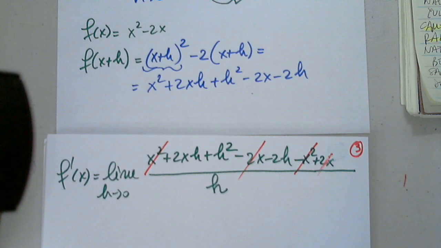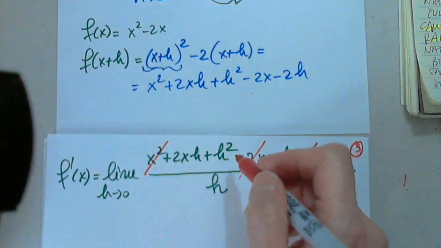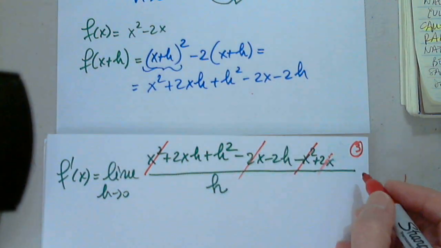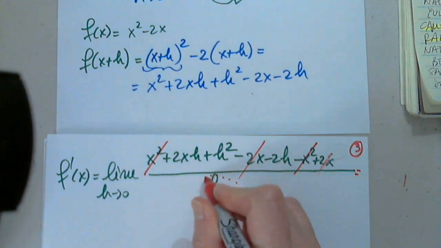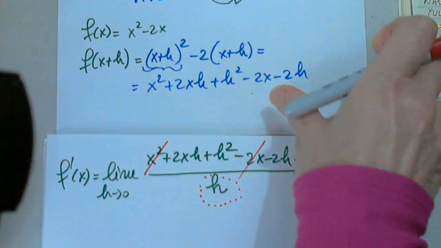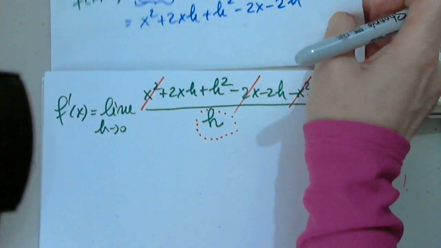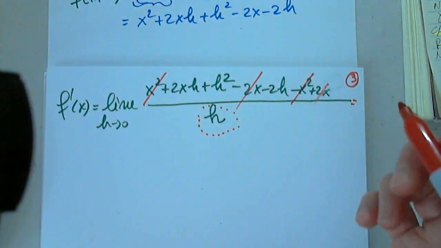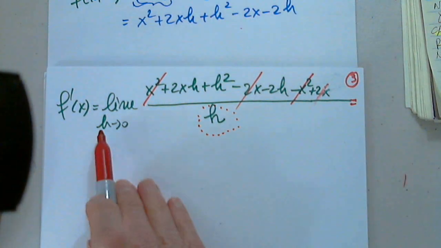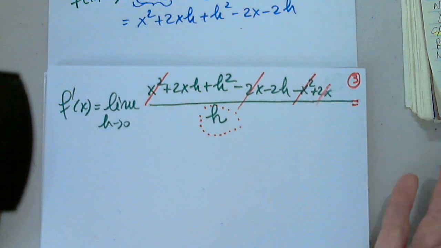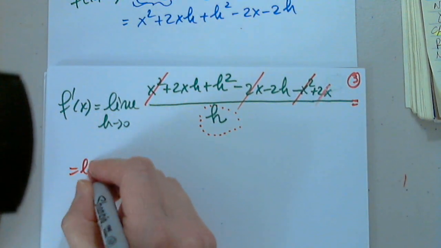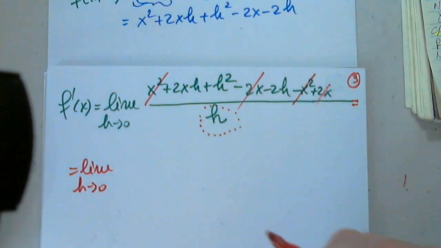Now, I will have to factor out h in the numerator. This one has to go away, but not the h at the end. I will still have an h in it because then I apply the limit and then it will go away. So this is the limit as h approaches 0.